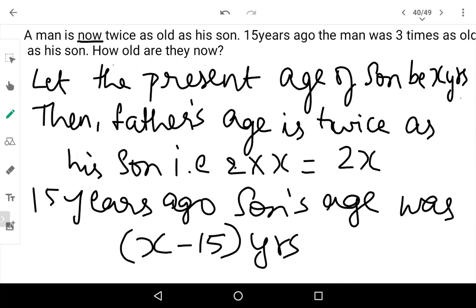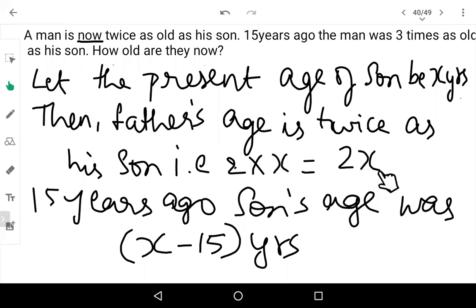Any doubt still here? Okay. Now we have defined the present age of the son. We have defined the present age of the father. We have defined the age of the son 15 years ago, that is x minus 15. Now what is remaining is the father's age 15 years ago.